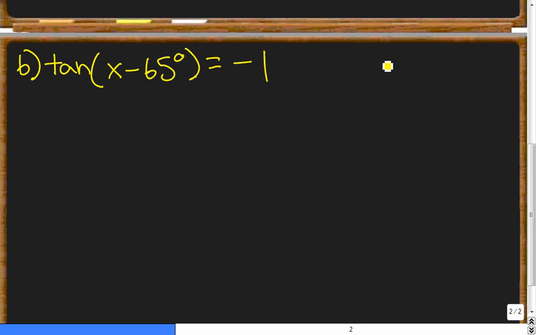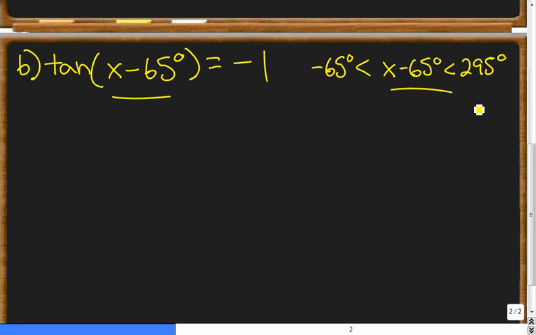So if we're taking 65 away from that, we can see that our answers could be anywhere from -65 degrees to 295 degrees. So these are answers that we could be expecting right off the bat. So we want to make sure that we fit this correctly, and then we can go and answer our questions.